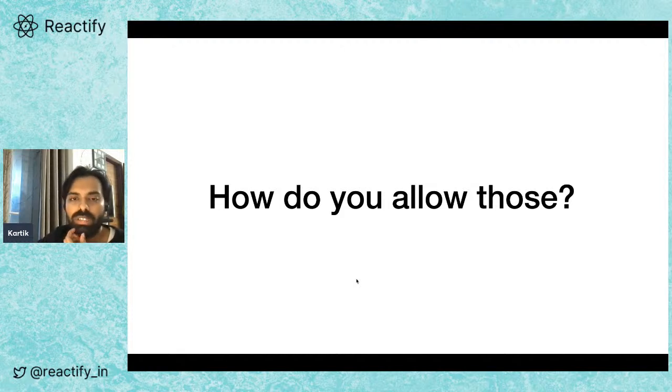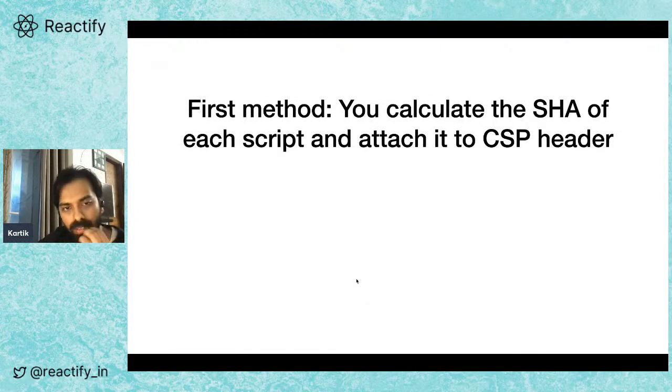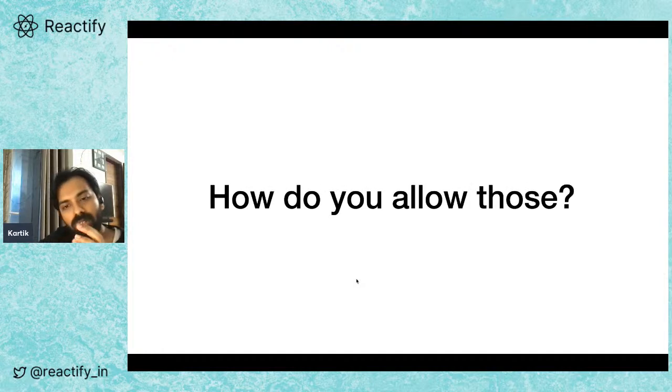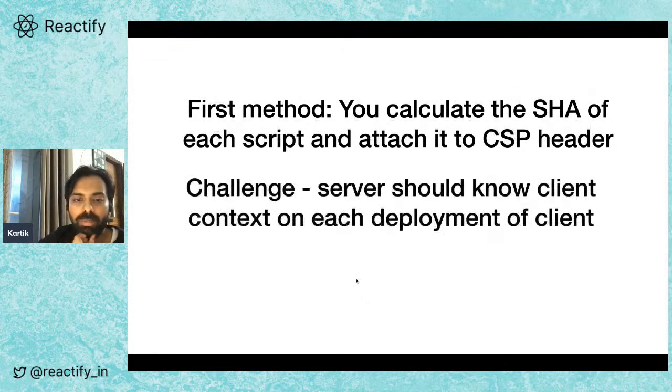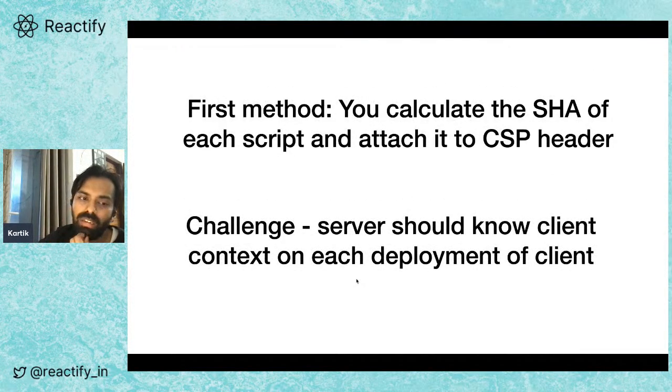The browser in the background does a lot of things. Now there are two ways to allow inline script tags. You can calculate the SHA hash of your script tag and attach it to the CSP header.